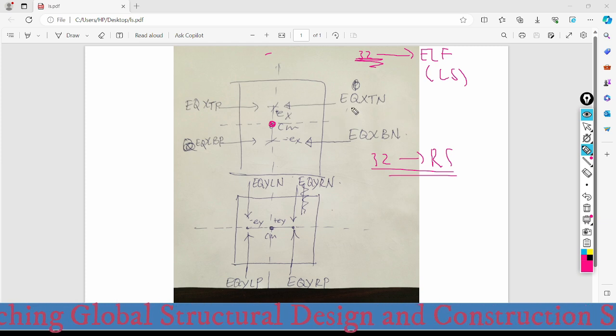Similarly in the negative direction, they designated RZ cube in x direction top, that means from the top of the center of mass, in the negative direction, and similarly the bottom part of the x negative direction, with the negative eccentricity. They designate it like this.